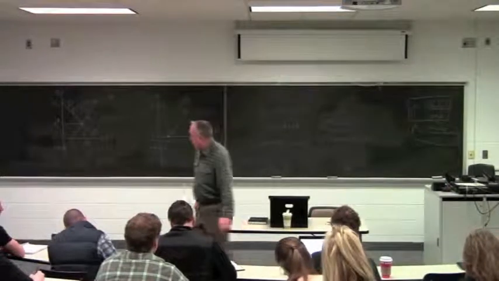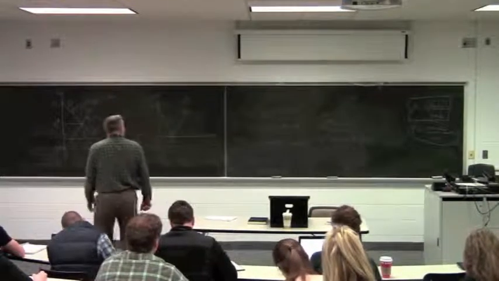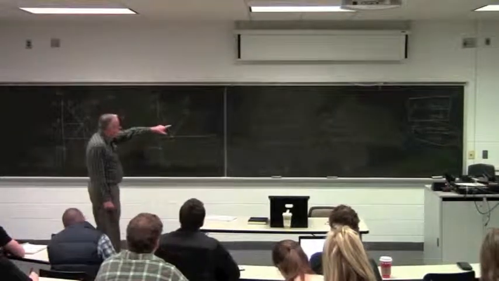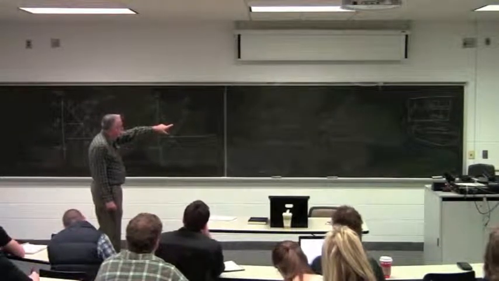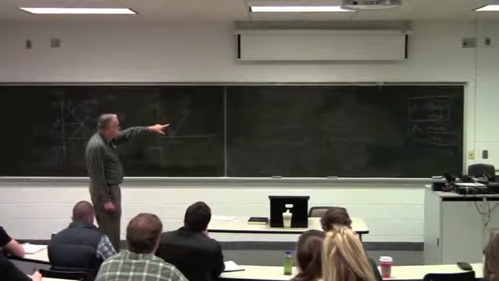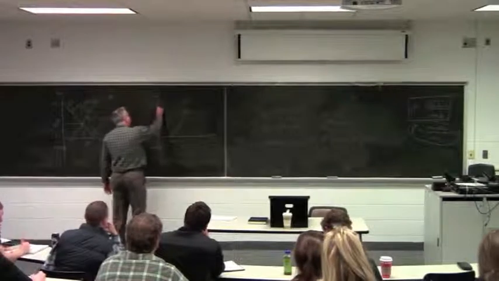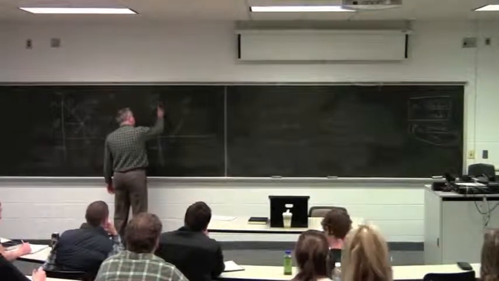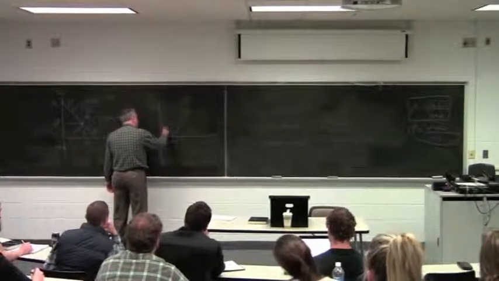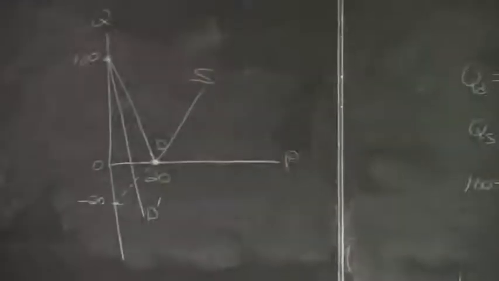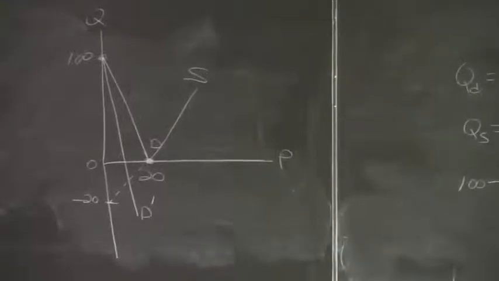Now, suppose I redo this problem. Notice in this case, the slope of the demand curve is minus 5. Suppose I make this slope of the demand curve minus 10. Then the demand curve would look like this. We'll call this D prime. Then where would the equilibrium quantity actually be? Well, positive or negative?